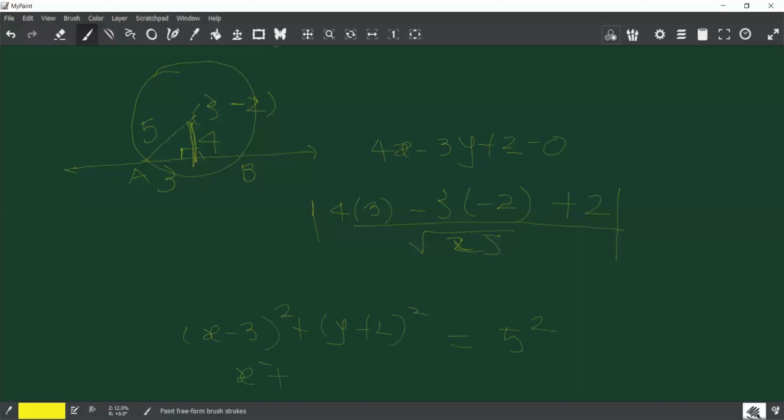So x square plus y square minus 6x plus 4y, 9 plus 4, 13 minus 25, minus 12 is equal to 0. Got it? All of you got this now?